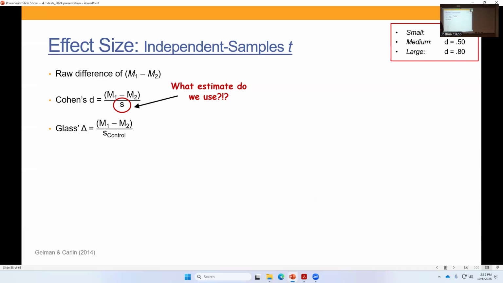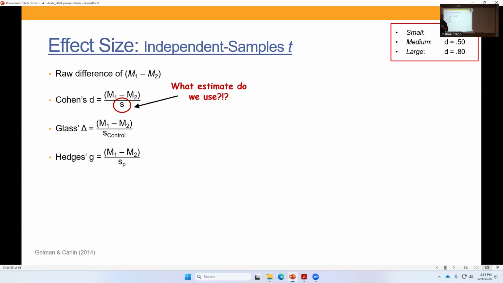Questions about Glass's delta? And one we might want to use as a metric. Basically, if you have a really nice, clear control group, Glass's delta is awesome because I can talk about things in terms of variability just as they exist out in the world if we weren't messing with anything.